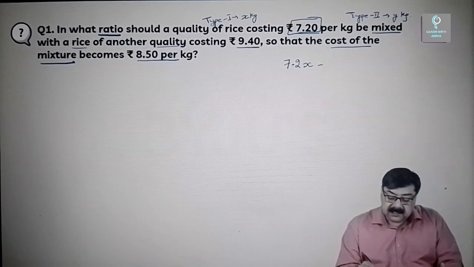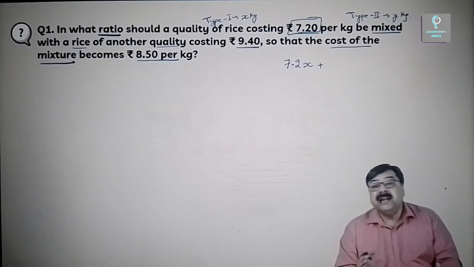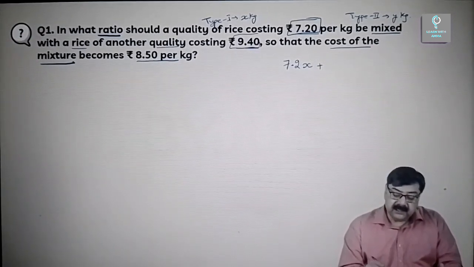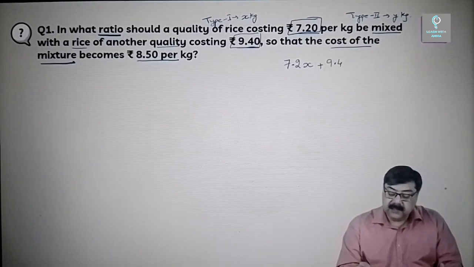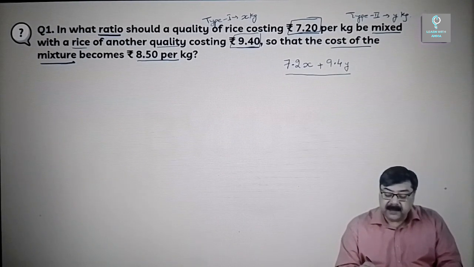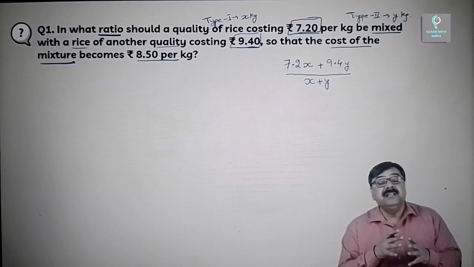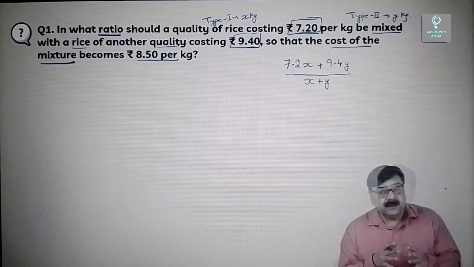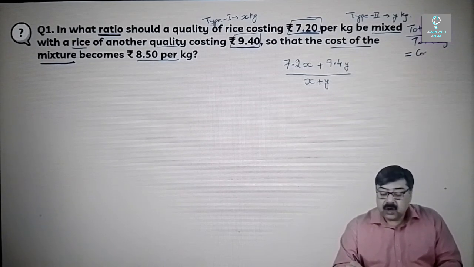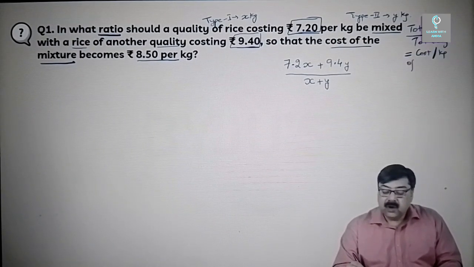plus total cost of rice of type 2. Now that shall be cost per kg, that is 9.4, into total quantity, that is y kgs. Now this shall be divided by the total quantity of the mixture when these two types are mixed together. So total cost by total quantity shall give us cost per kg of the mixture.